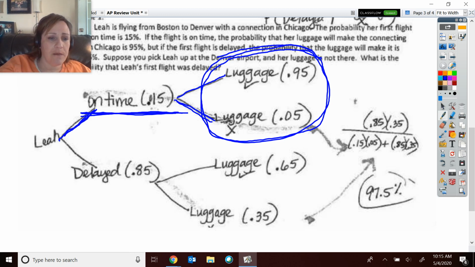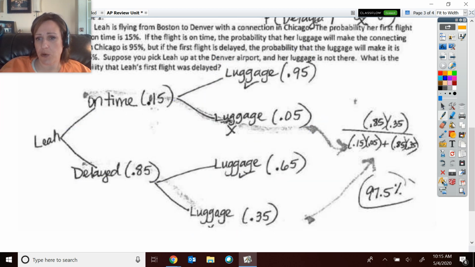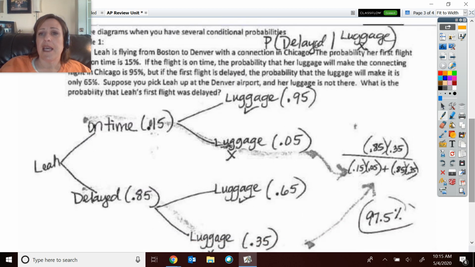Okay? And then the 85% of the time, her first flight's delayed. If it's delayed, then we've got only a 65% chance her luggage gets there and a 35% chance her luggage doesn't.